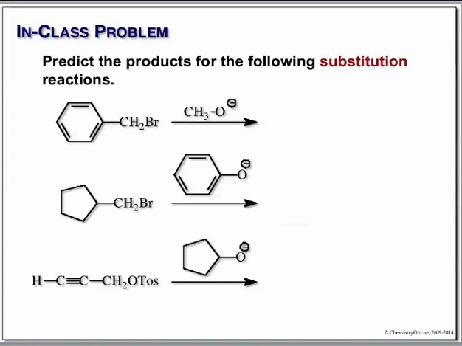Classic reaction from Organic 1. All that happens is the alkoxide anion attacks, in this case, the benzylic carbon. Bromine leaves, SN2 reaction. This is the bond we just made, and we make the simple ether.